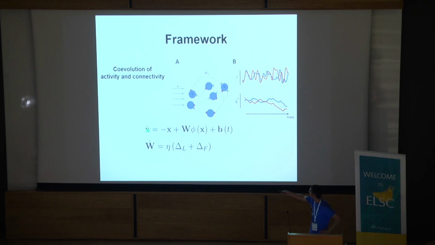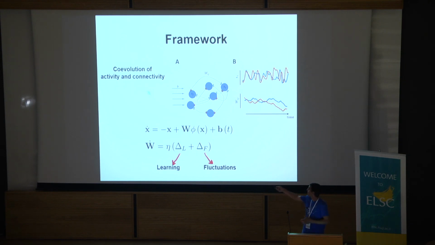So x is the activity of the neurons, w is the synaptic matrix, there's going to be some nonlinearity, and the input. And now the crucial part. Synapses also change, and synapses change due to two things. One is the learning, the classical thing that we always think about when we think of memory, activity-dependent modifications.